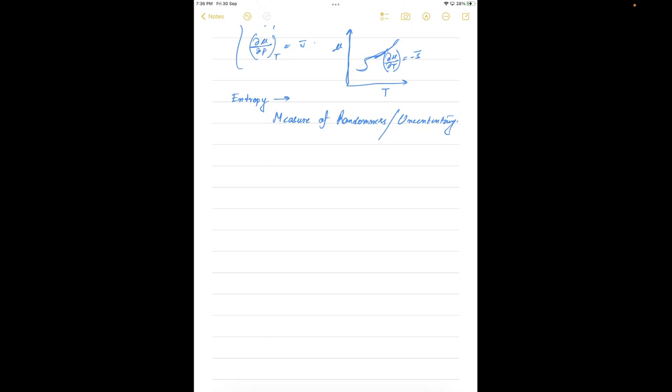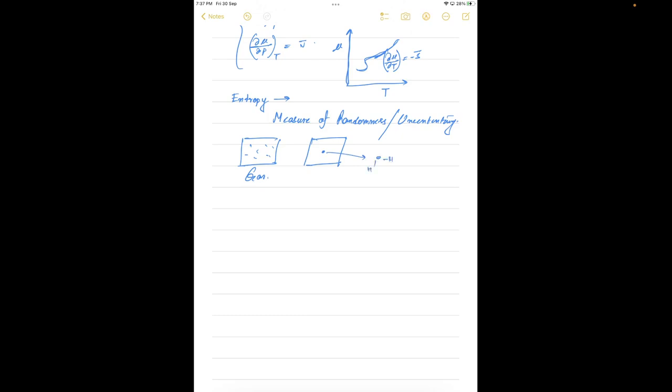And for a liquid system, if we just draw, gas particles move randomly, and for a liquid system you can see short range order and long range disorder. That means, let's say this is liquid water and this is a particular water molecule.